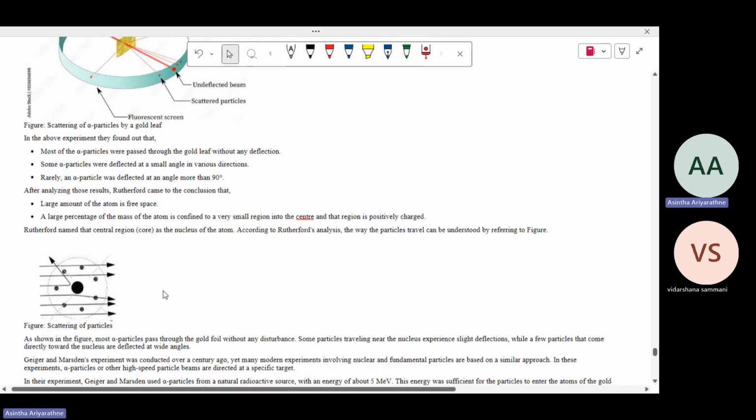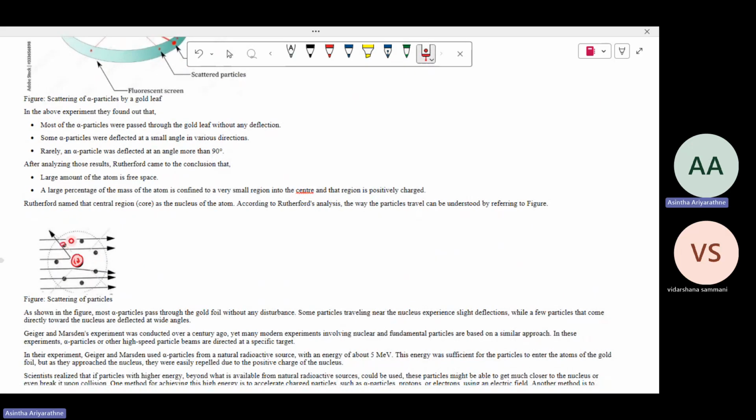So this is the nucleus and these are electrons. Alpha beams are directed onto this nucleus. Most of the alpha beams would travel without any deflection. Alpha beams are positively charged, so when an alpha beam gets closer to the nucleus, it gets deflected a little.